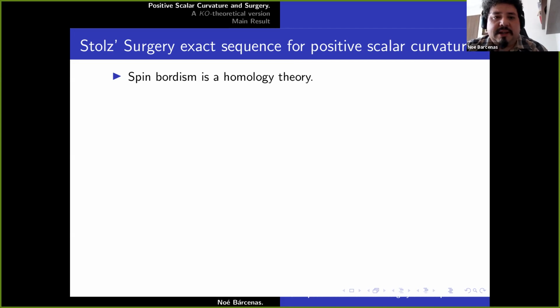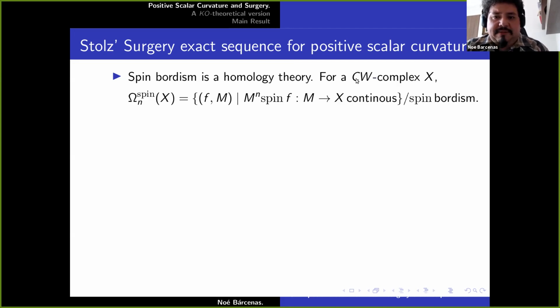So you can take spin Bordism, and if you take a CW complex, you can define this homology theory where cycles are spin manifolds of a certain dimension. We have these singular cycles which go from the manifold to the CW complex, and then we put on these cycles, which consist of a manifold and a map to X, the relation generated by spin Bordism.